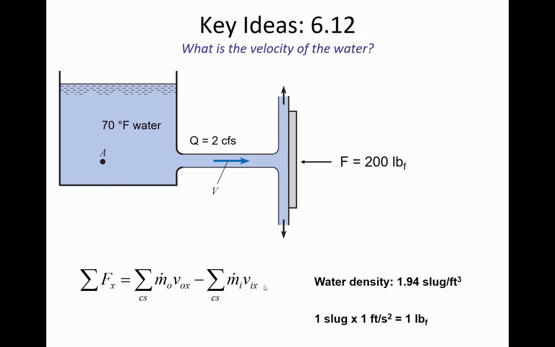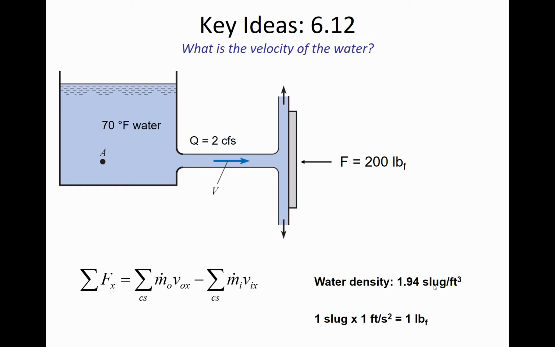So first, when it comes to the mass flow rate, that's relatively easy because they've told you the volumetric flow rate, Q, and remember that mass flow rate is Q times the density of the fluid. And for 70-degree Fahrenheit water, we can go to a fluid properties table like in the back of the book in the appendix and find out that at that temperature, water has a density of 1.94 slugs per cubic foot.